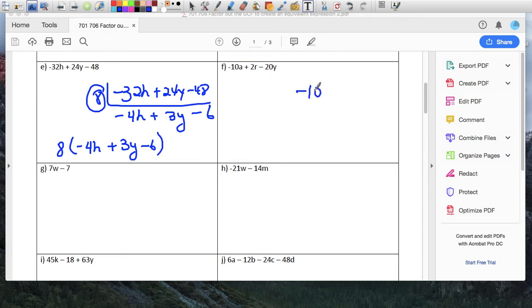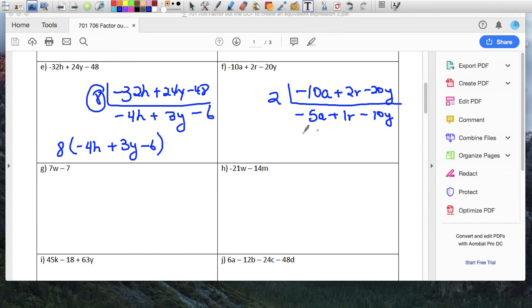Next one is -10a plus 2r minus 20y. And find something in common. So again, it's a 2. 2 goes into 10, -5a, plus 2 divided by 2 is 1r, and 20 divided by 2 is going to be 10.